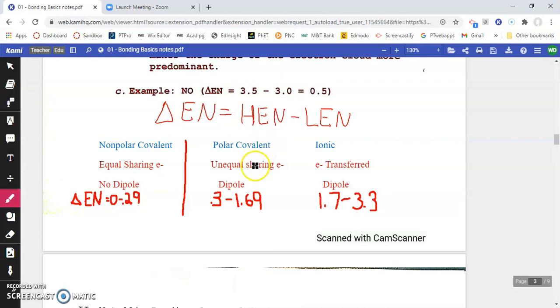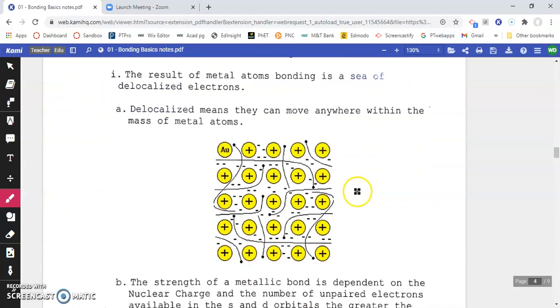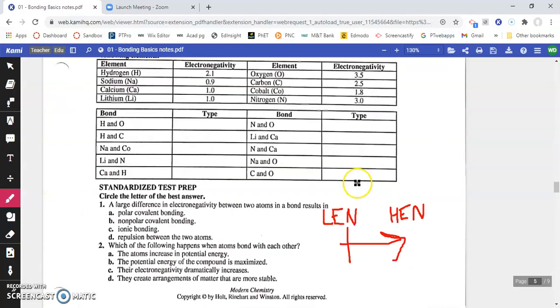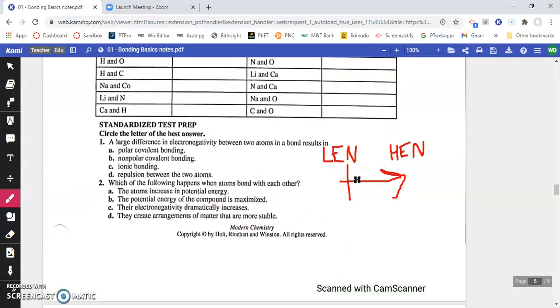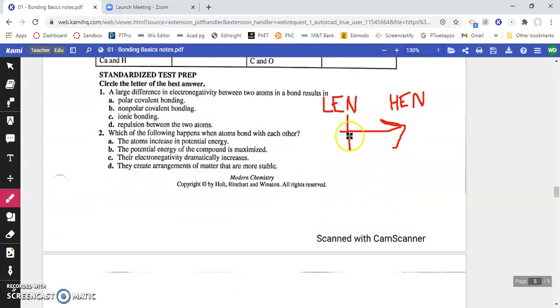Polar covalent, unequal sharing, needs a dipole, 0.3 to 1.69. And then ionic, electrons are transferred. That's if our delta is 1.7 or more, okay?